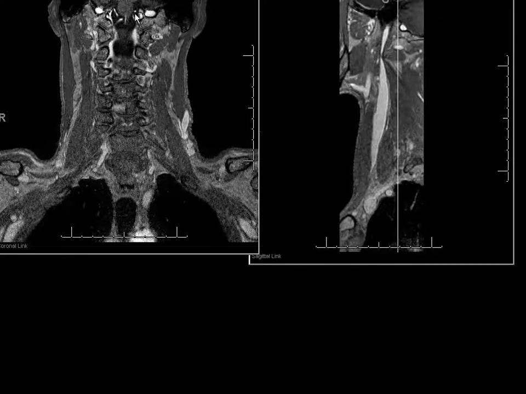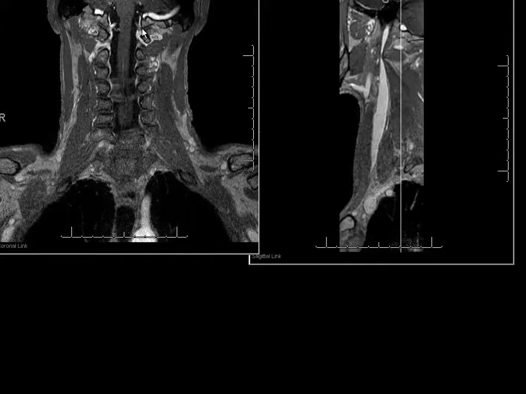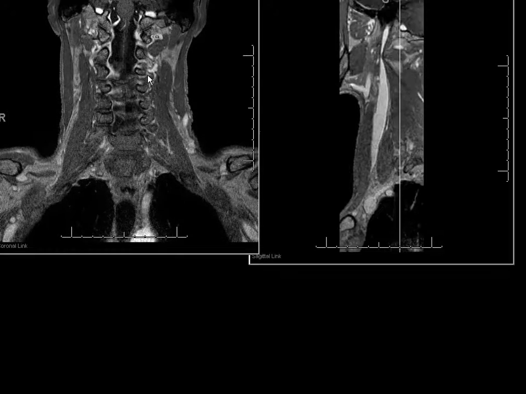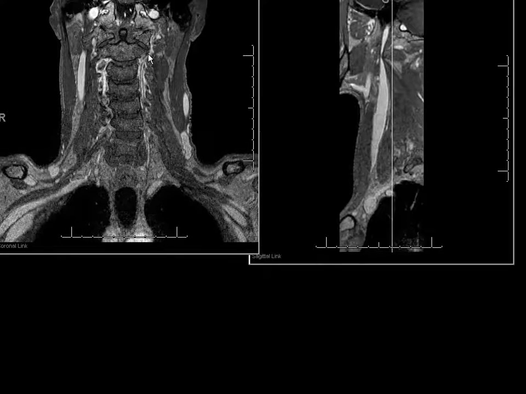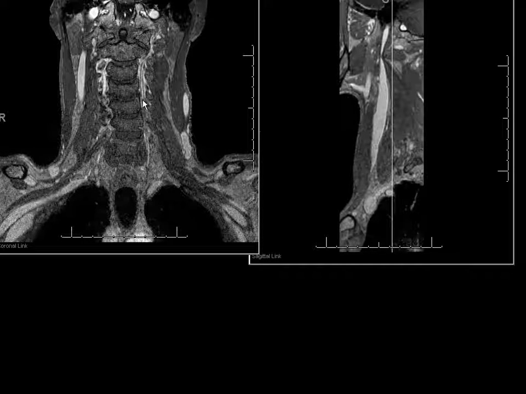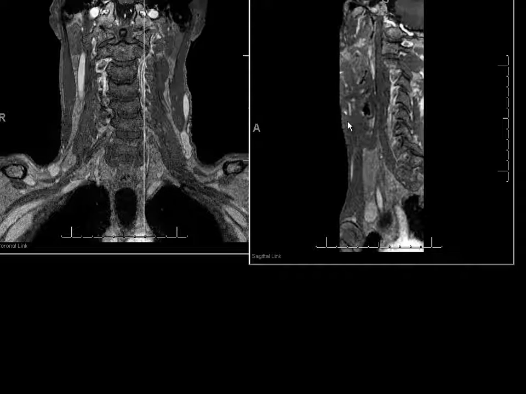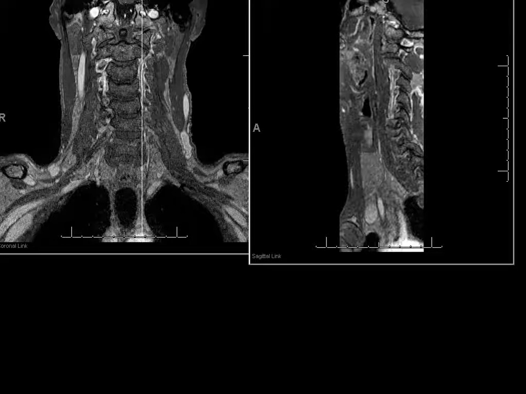The left vertebral has the PICA takeoff right here, and then continues on with contrast into the cervical region, and you can follow this vessel down in a high resolution format, so it's more convincing than the other one.